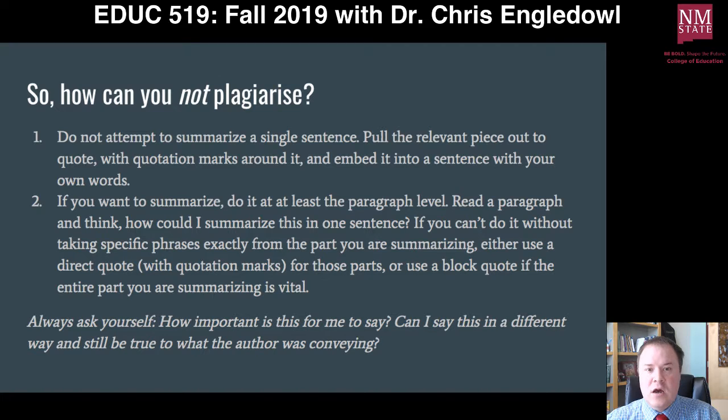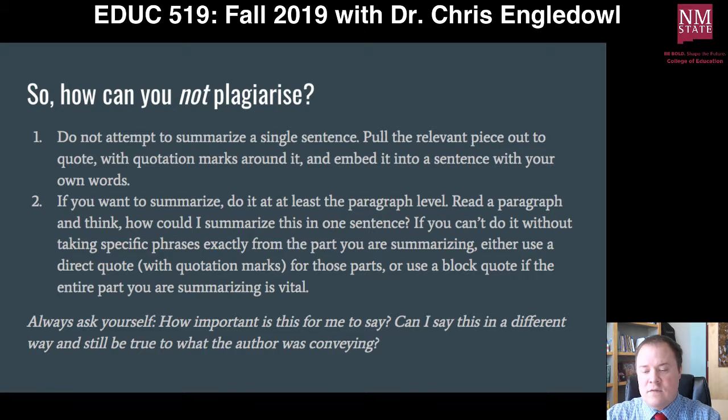So, how can you not plagiarize? First, don't attempt to summarize a single sentence. Like in that case, if you're just changing 3 or 4 or 5 words, that's when you get into this gray area of wondering, did I plagiarize? Did I not plagiarize? So my suggestion is to pull the relevant piece out to quote with quotation marks around it and embed it into a sentence with your own words.